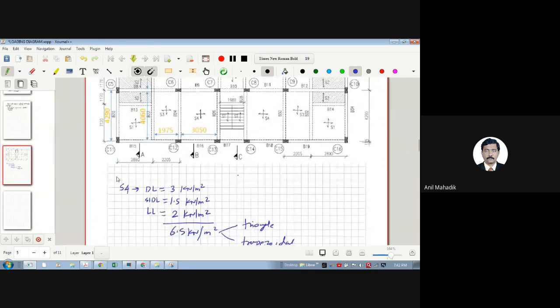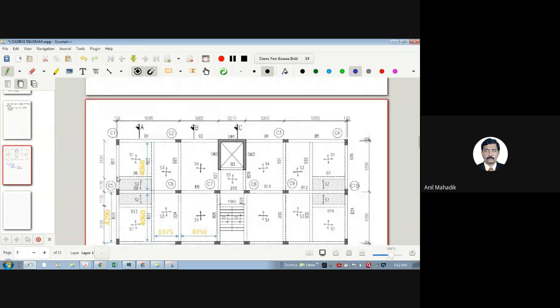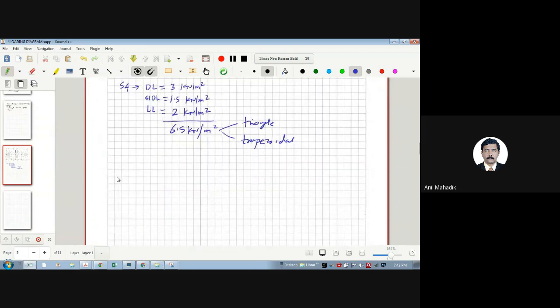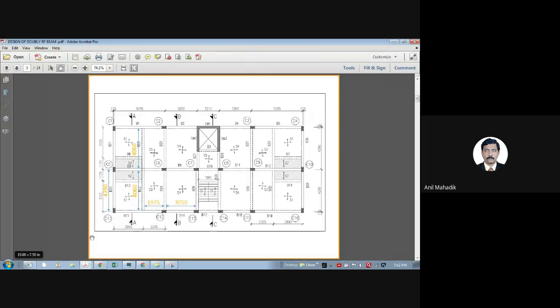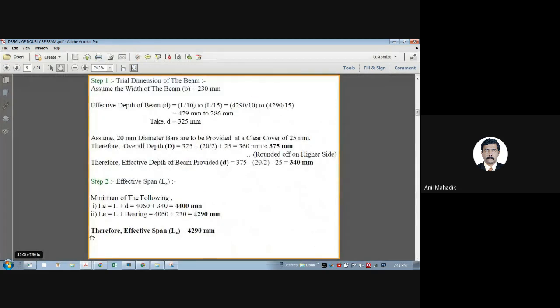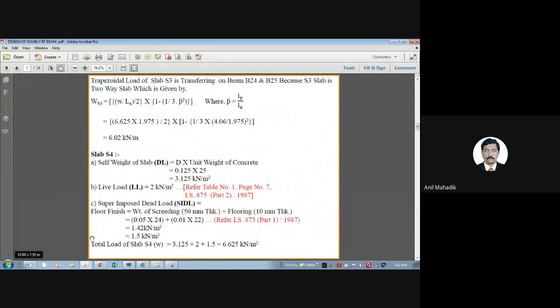Fine. Now there are formulas for triangular load and trapezoidal load. Let's check it out. For triangular it is easy, but trapezoidal it is a little different.